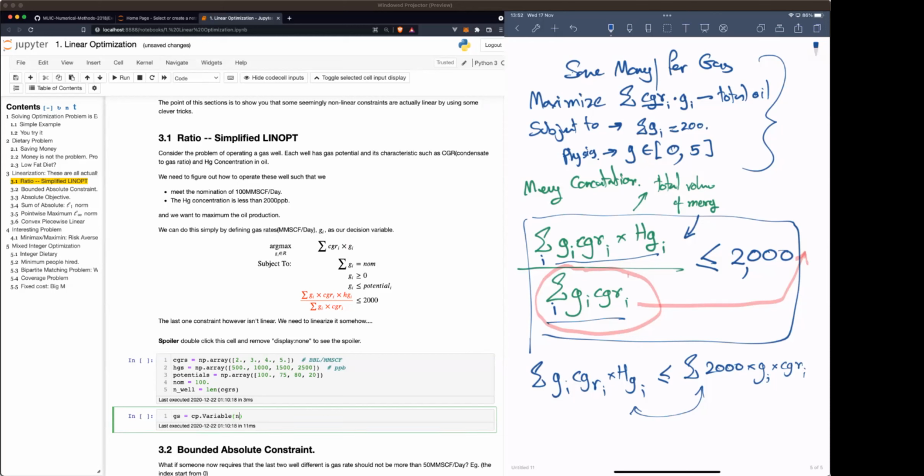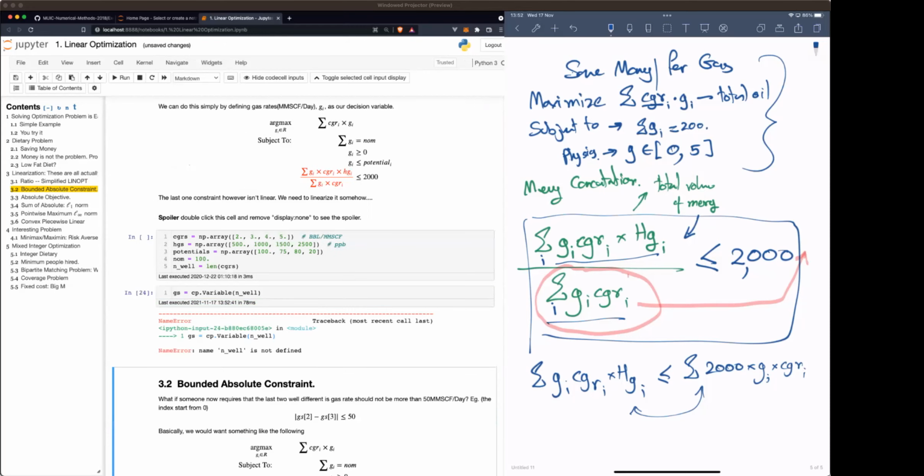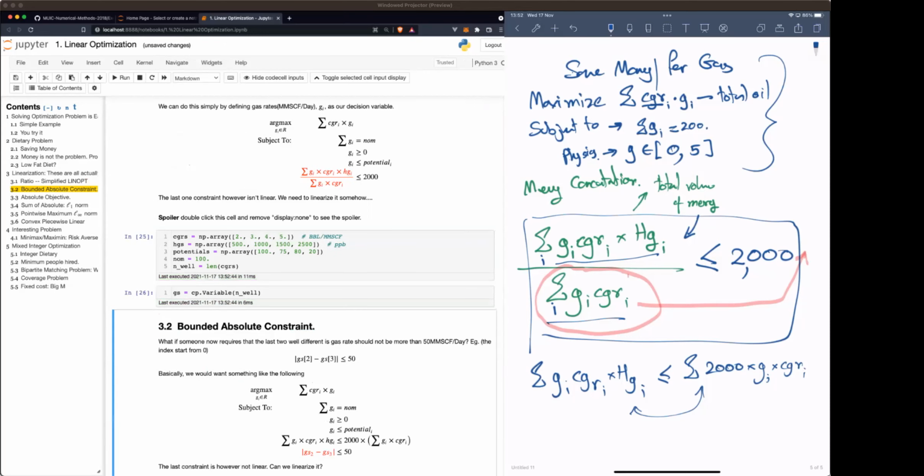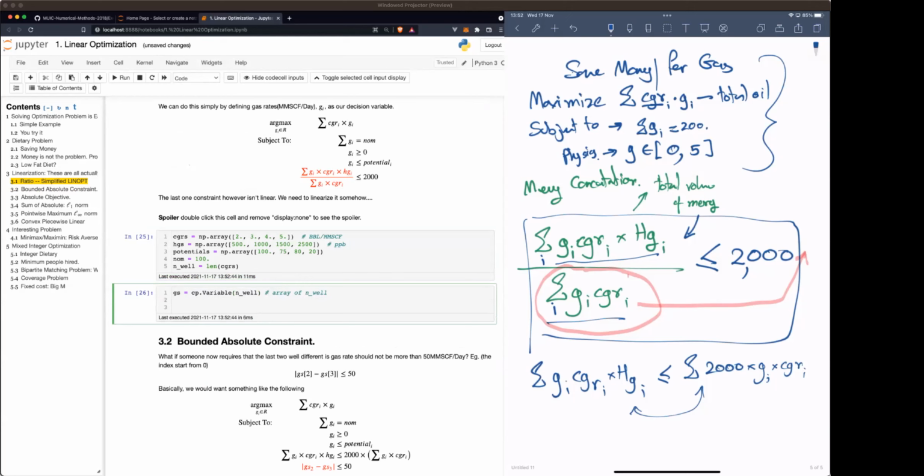And the number will be, so your GS is now an array. This is an array of n wells.